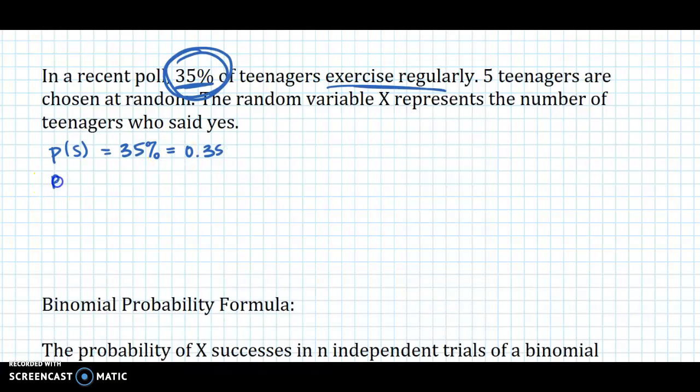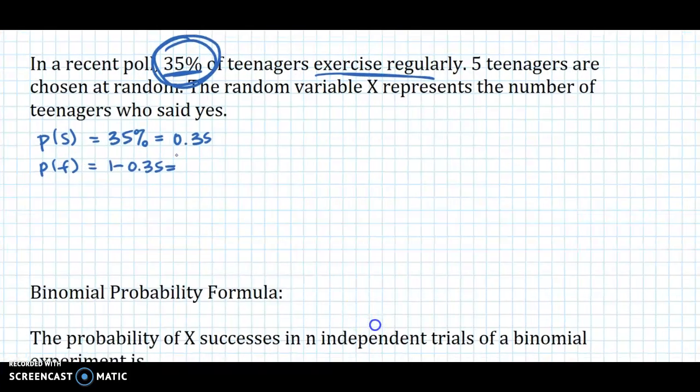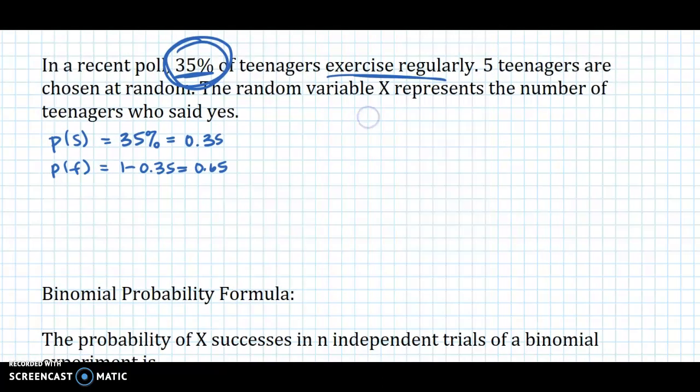Which means your P of F would be 1 minus 0.35, which is 0.65. And then we're calling a success someone who says, yes, I exercise, and a failure would be someone who says no.